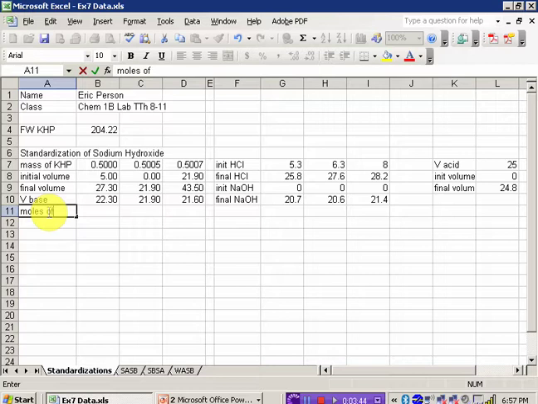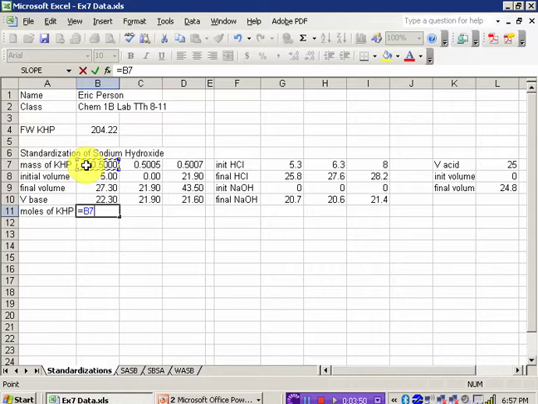So down here I'm going to calculate the moles of KHP. And to do that, I take the mass of KHP and I multiply by moles divided by grams, so that's divide by the formula weight, and that's going to give me my answer.